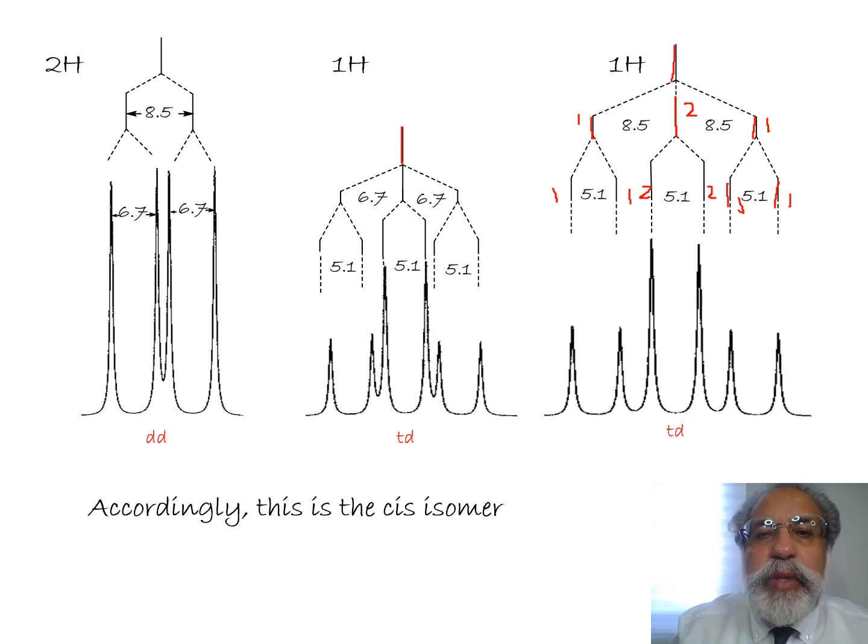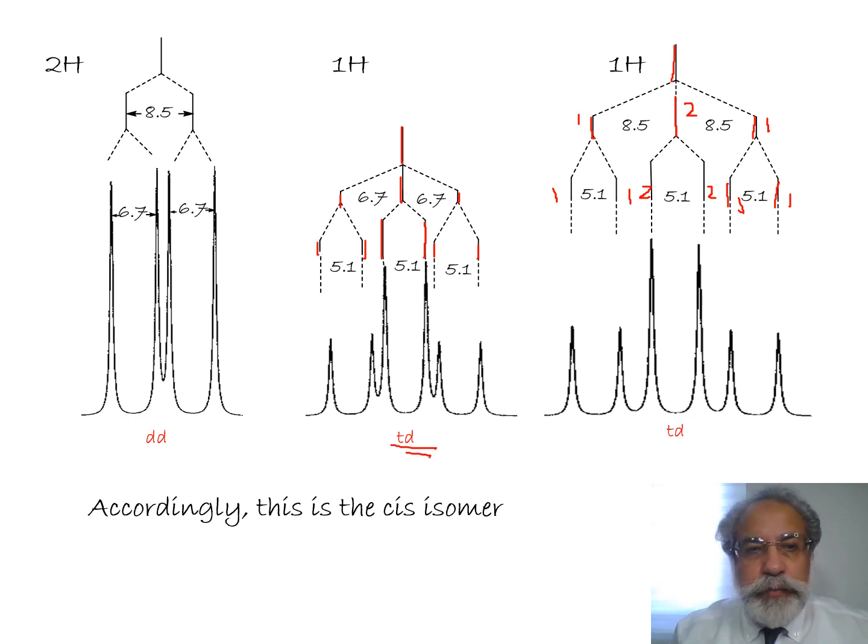Hydrogen B, triplet first, 1 to 2 to 1, then each line will be 1 to 1, 2 to 2, 1 to 1. Okay, triplet of doublets.